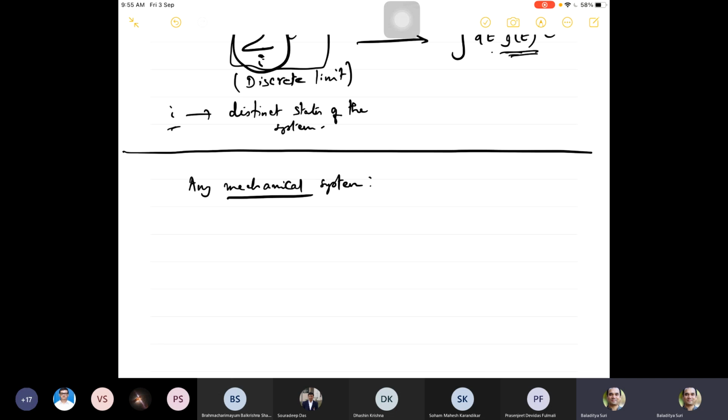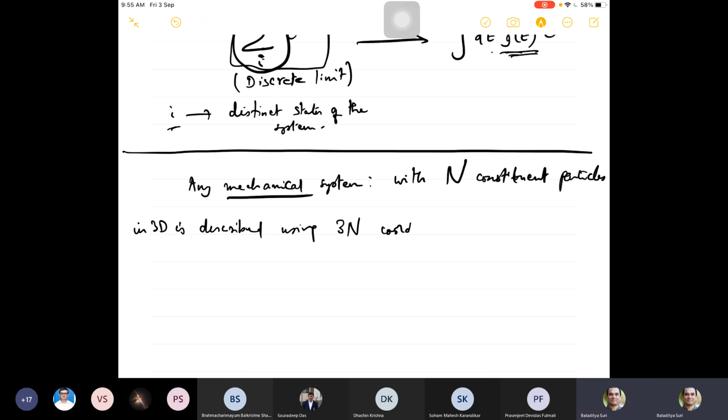Every mechanical system with n constituent particles, let us say, described in 3 dimensions. That is an important detail here. In 3 dimensions it is described using 3n coordinates and 3n momenta.